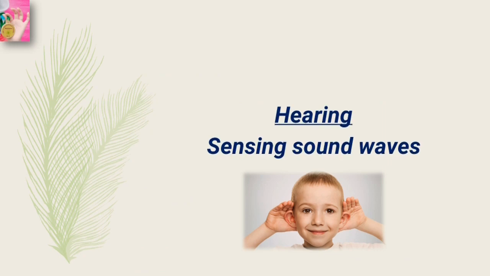We'll start with the topic of hearing, sensing sound waves. Without hearing and vision, there probably would be no spoken or written languages, and without language, most of the cultural and scientific accomplishments of human beings probably would have been impossible.